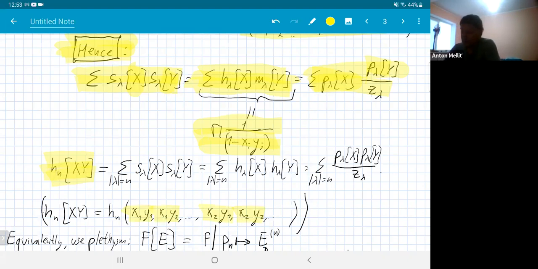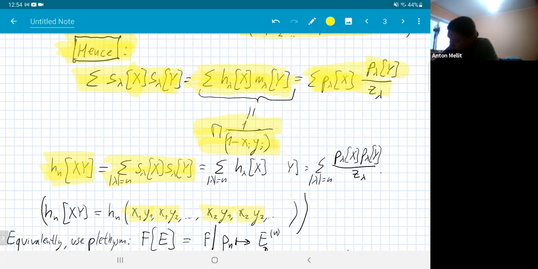And from this we obtain different formulas for this hn of xy. One using Schur functions, sum over partitions of size n. Another, oops, there is a mistake here because it should be h and m.